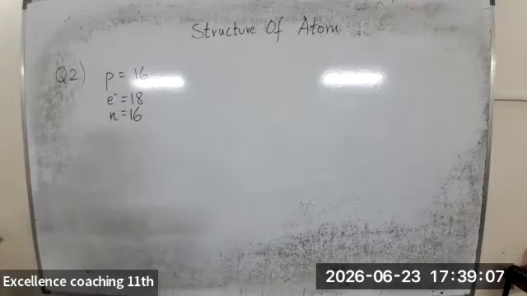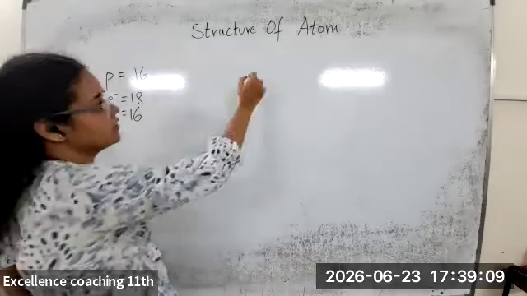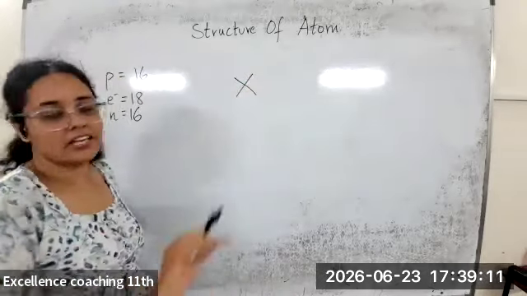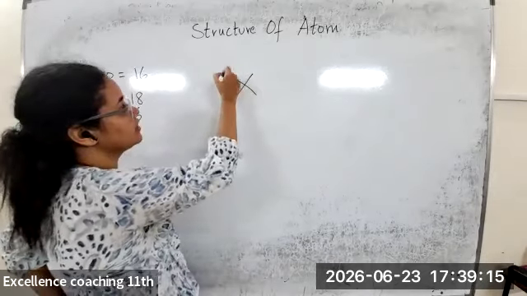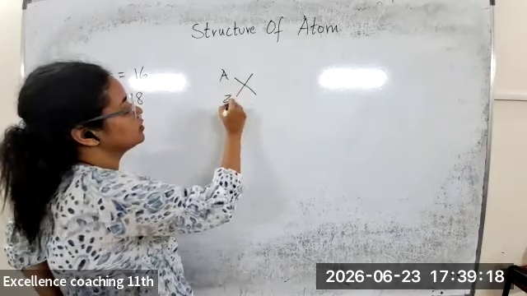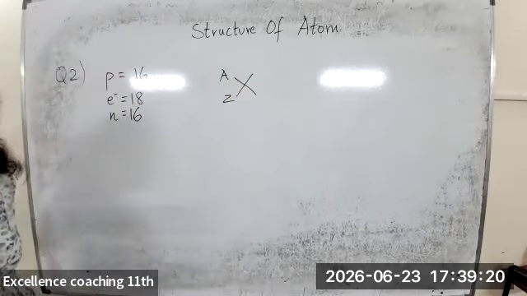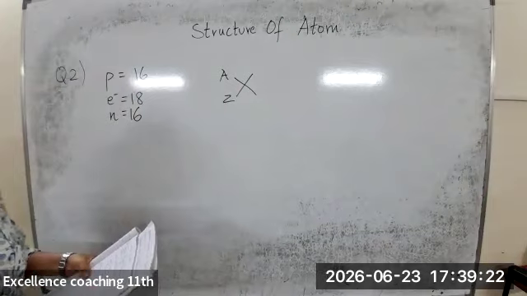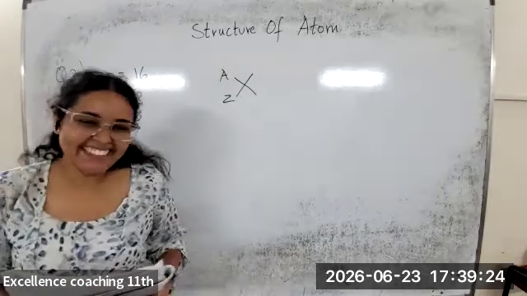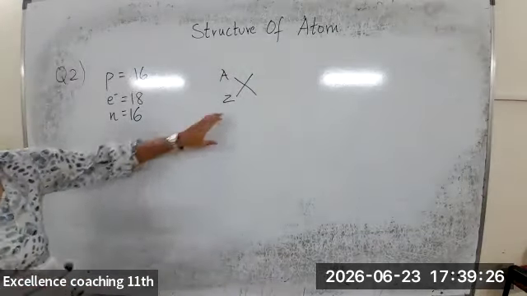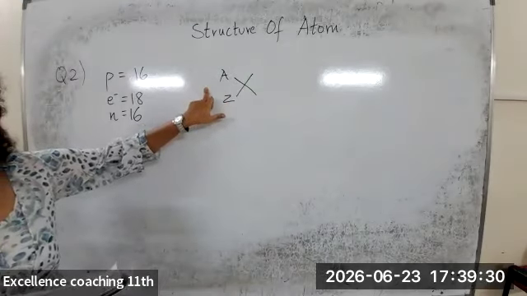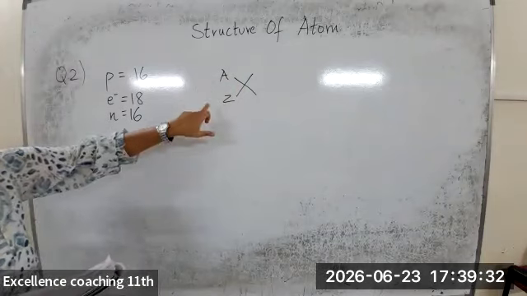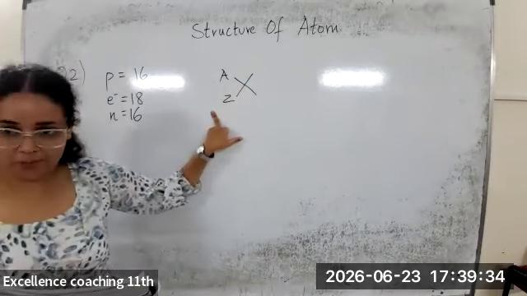So now the question says we have to find the element, and we have to represent it in this form. A is your mass number, and Z is your atomic number.